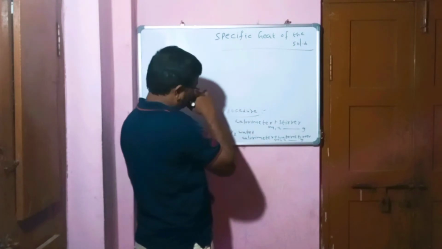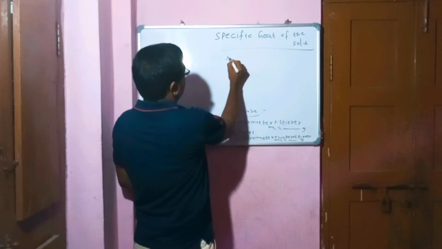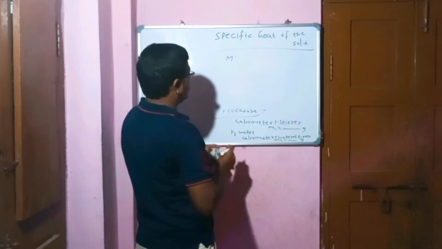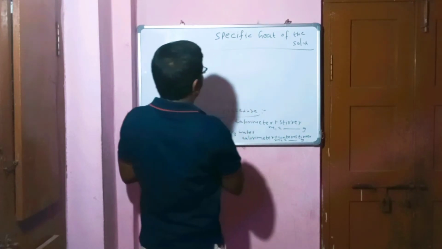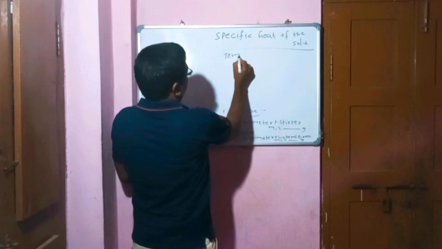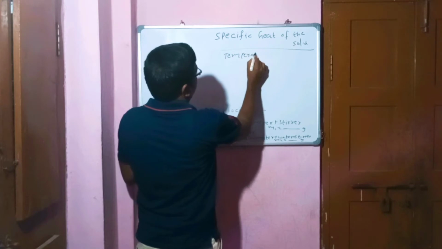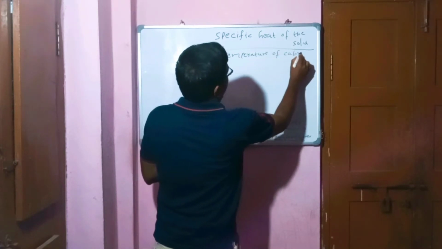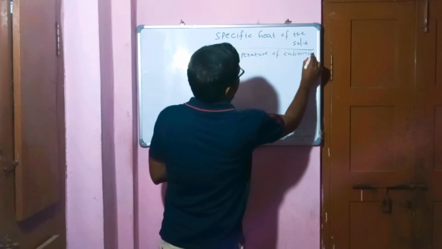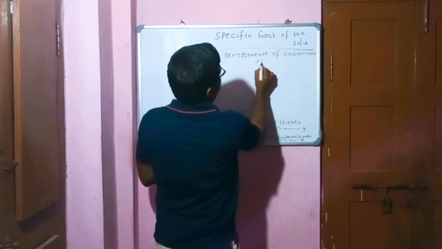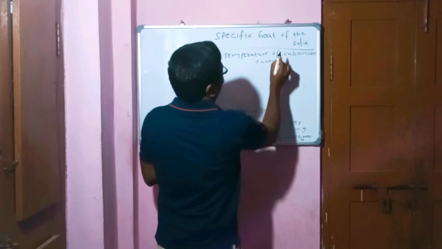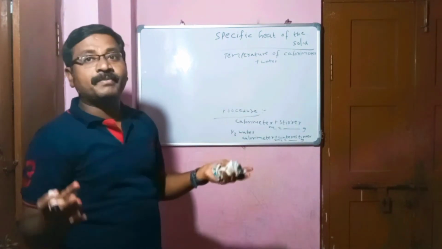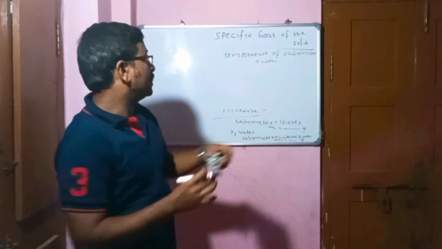Next, the temperature of the calorimeter plus water. You can do this experiment at room temperature, so that is called T1.